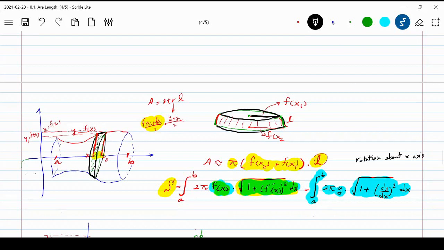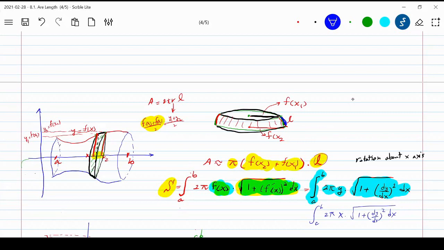If you rotate it around the y-axis, you would have the same integral, but now instead of y, you would have x multiplied by the square root of 1 plus dy over dx squared dx. The length is still this length, assuming that y is still a function of x. The y changes to x because it's the distance.